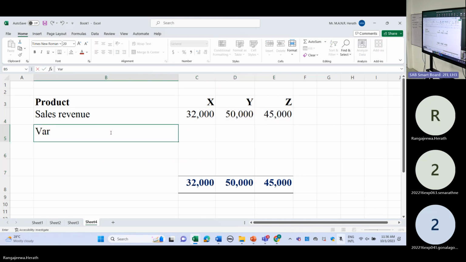Then the variable cost, two-thirds of total cost.